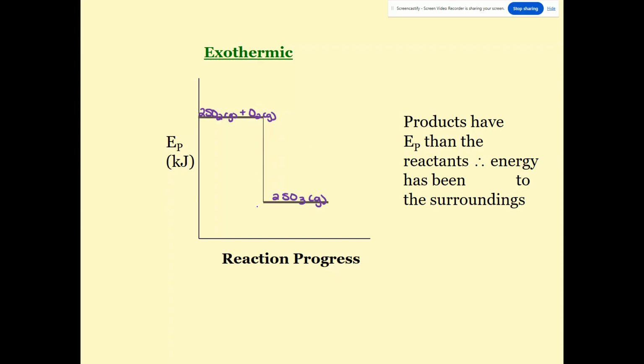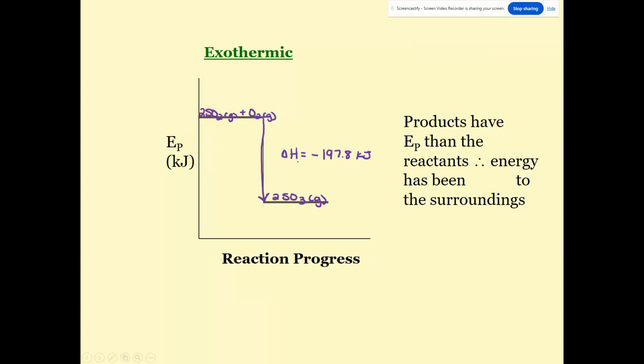It is decreasing, okay? And this height here is your delta H, okay? The delta H was negative 197.8 kilojoules. Now you don't have to draw this whole little squiggly line, and it doesn't matter where you write the delta H, just understanding that this is going down and that's the value it's going down by.